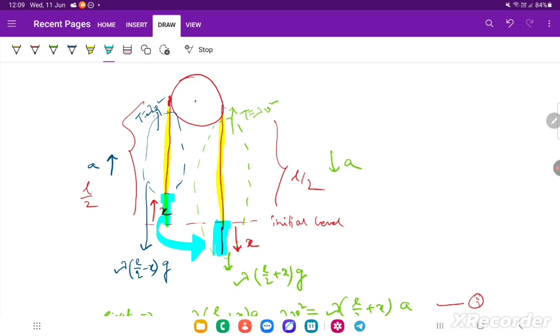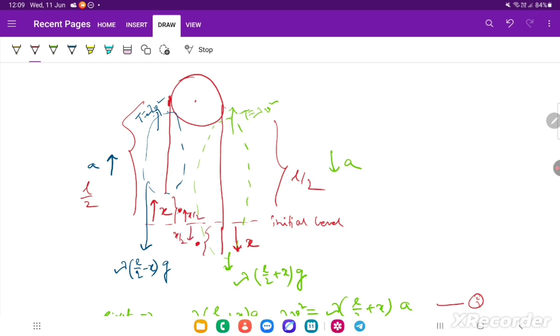So we'll just calculate the change in potential energy of this x length part, right? Initially the center of mass of this part was here, and now the center of mass of this part is here. This was x by 2 and this is x by 2.